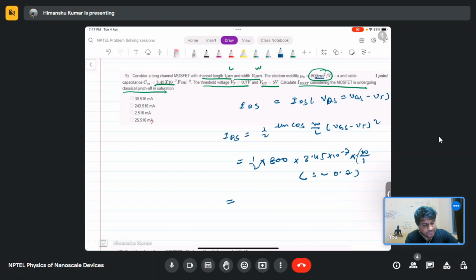So this is half of 800 times 3.45 multiplied by 10 to the minus 7 times 4.3 square. Approximately it will come out as 25.516 milliampere. So the correct answer will be the last one.